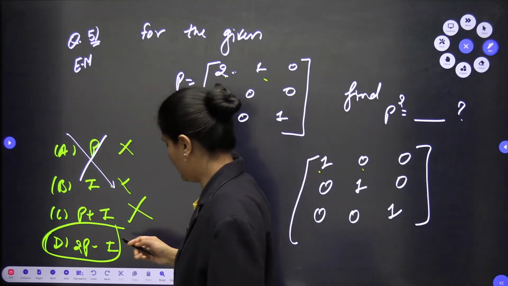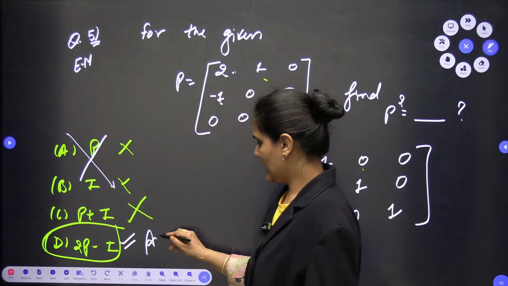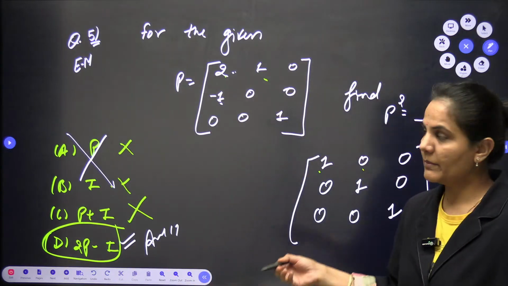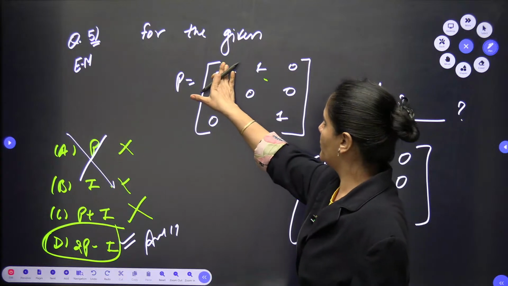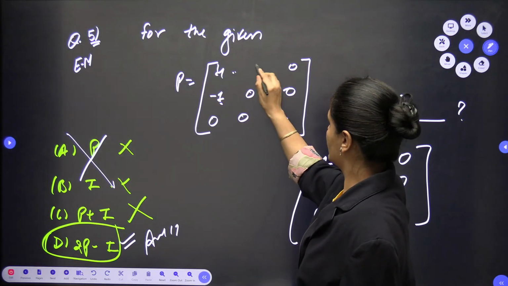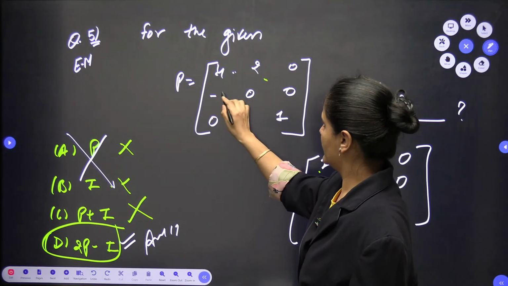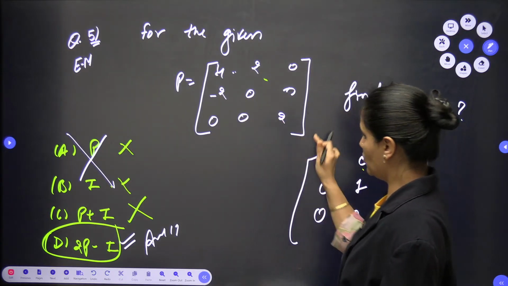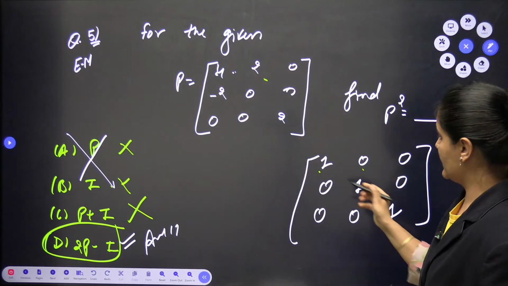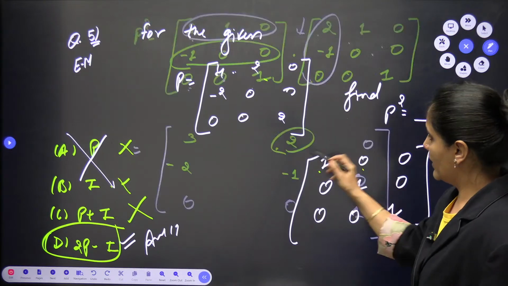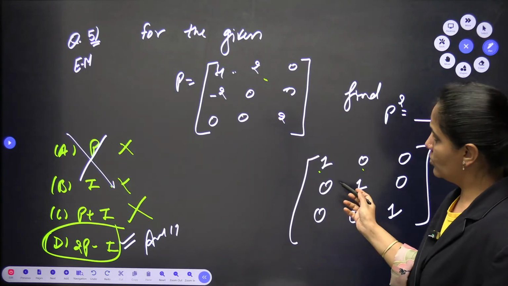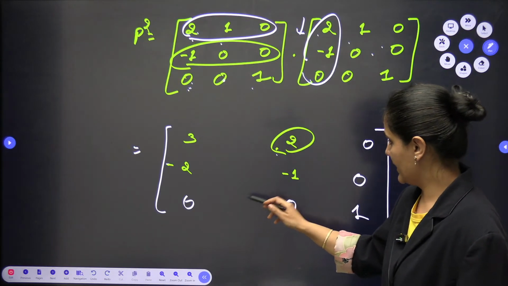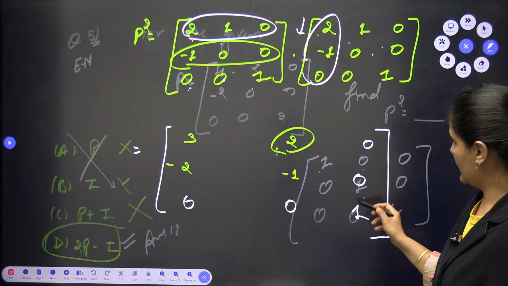So I am sure the remaining one is the answer, but still you can cross check 2P minus I. When I am going with 2P, this is 4, this is 2, this is minus 2, this is 2. 2P minus I, so 4 minus 1, 3; 2 minus 0, 2, correct. Minus 2 minus 0, minus 2, correct. And this is 0 minus 1, minus 1, correct.